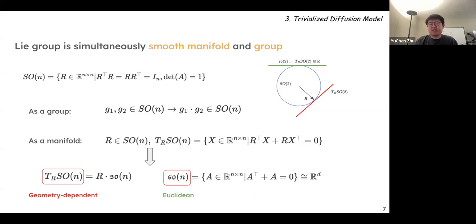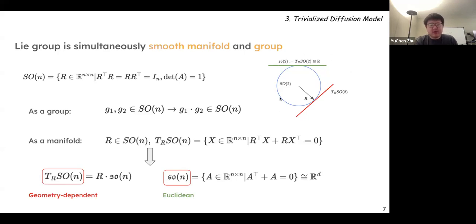An important thing is that this is essentially isomorphic to a Euclidean space, because for skew-symmetric matrices, you can choose freely the elements above the diagonal and you get the rest of the entries directly. So this is essentially a flat Euclidean space. This group structure plus manifold structure gives us a very nice decomposition of the complicated tangent space, which of course depends on the geometry of the manifold.